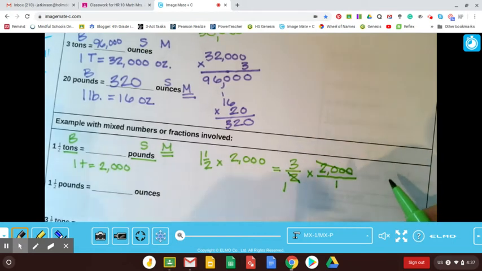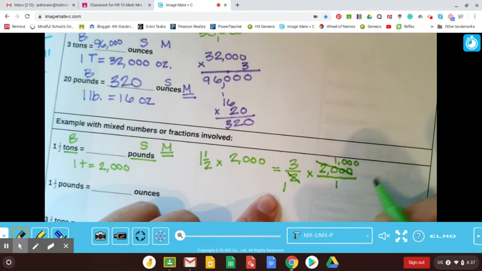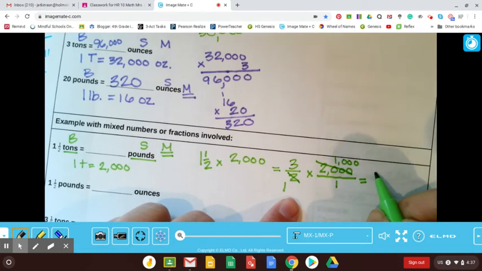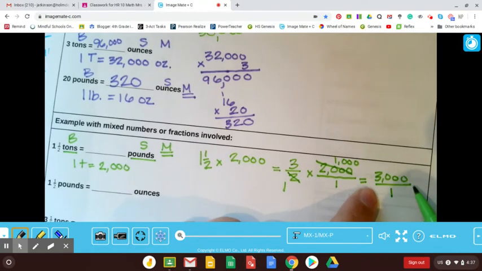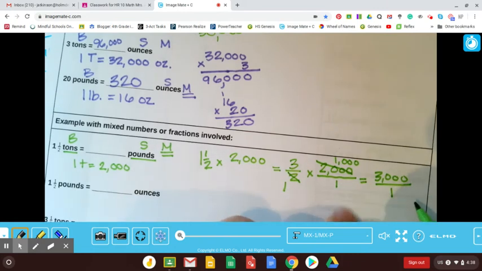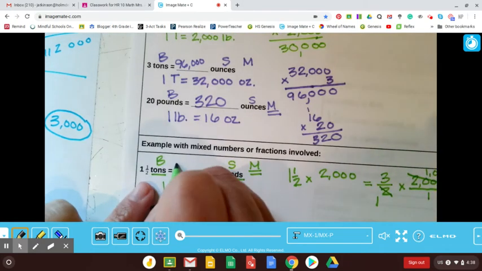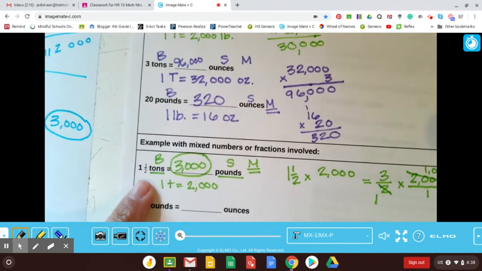And if I divide 2,000 by 2, I get 1,000. Now I can multiply top times top over bottom times bottom. 3 times 1,000 is 3,000. And 1 times 1 is 1. And we know that any number over a 1 is really just that number. It pushes that 1 down into the ground and leaves itself standing. So our final answer is 3,000 pounds.